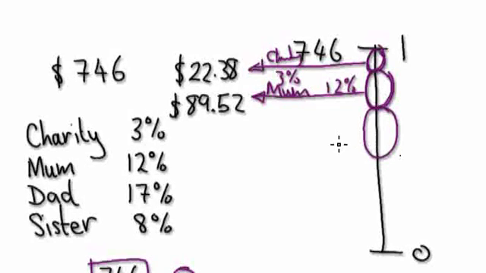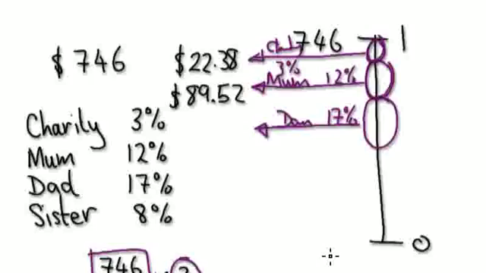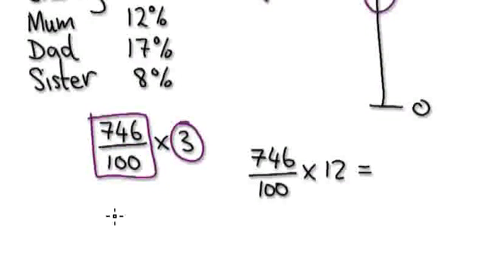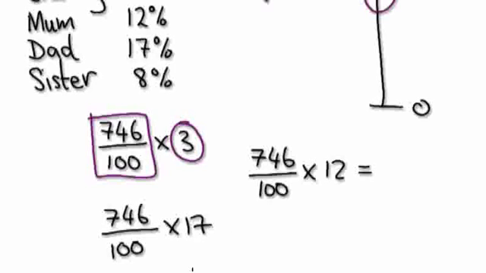And your dad this time gets a large chunk. So it's 17 pieces to your dad. 17% goes to your dad. So what that means is, get your whole amount, 746, divided into 100 pieces, and you're going to give 17 pieces to your dad.